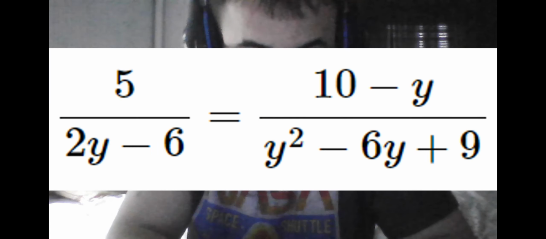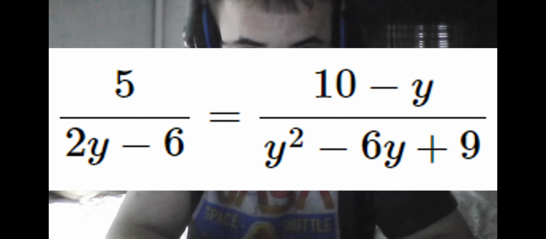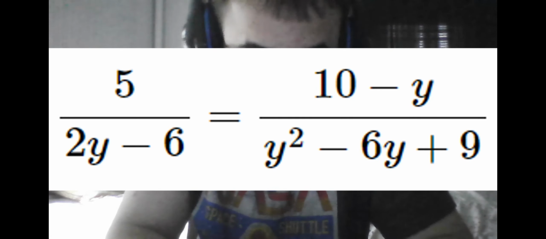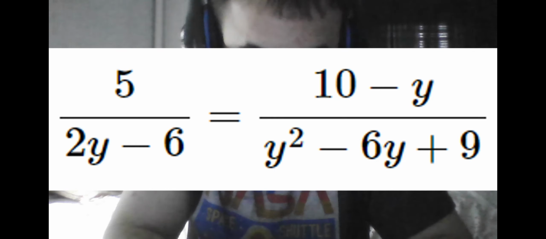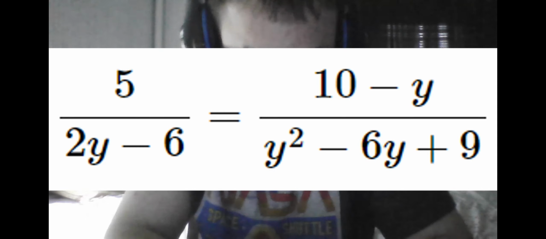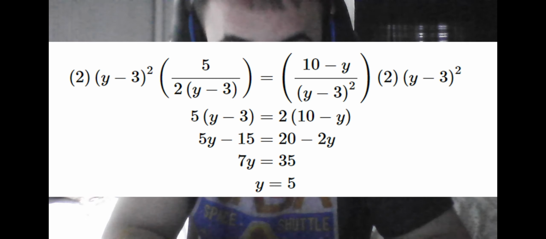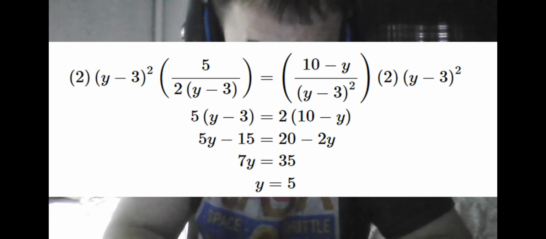If we have something like this, which involves polynomials with terms greater than x or constants, but instead terms of x squared, terms of x cubed, etc., we would still do the least common denominator method, even if the fractions may be more complicated. We see in this case the least common denominator is 2 times y minus 3 squared.